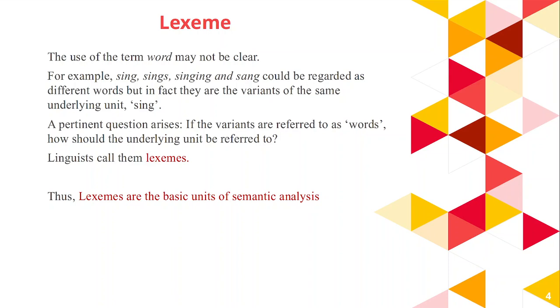To avoid ambiguity or confusion, another term is used by linguists, that is lexeme. So it is used instead of the term word. An example will make it clear. Say, for instance, sing, sings, singing, and sang. They could be regarded as different words, but actually they are the variants of the same underlying unit, sing.